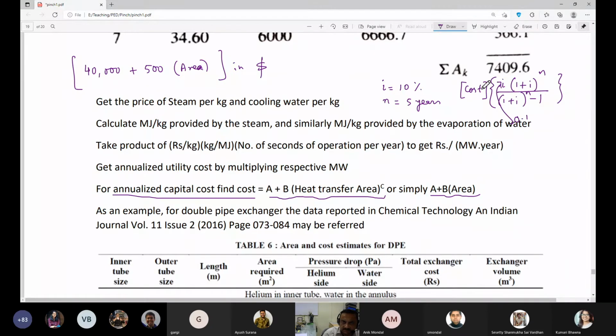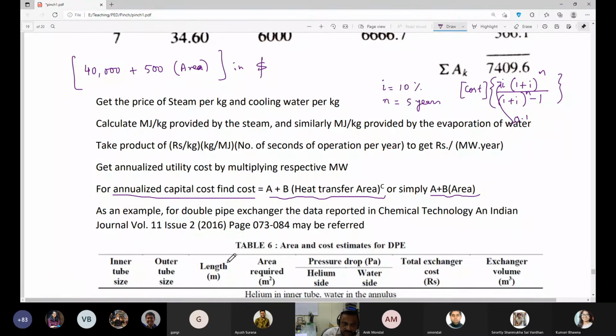You can choose 10 years or other parameters. Whatever cost it comes to has to be multiplied by this. That gives me the annualized cost involved, so that within 5 years the entire loan will be paid back and you don't have any more loan left.